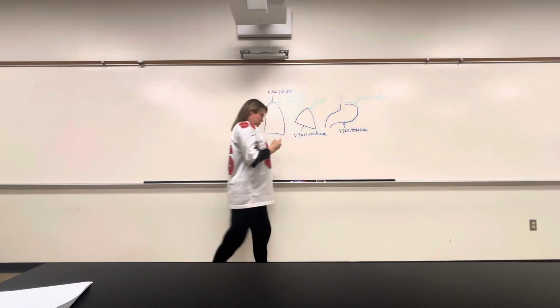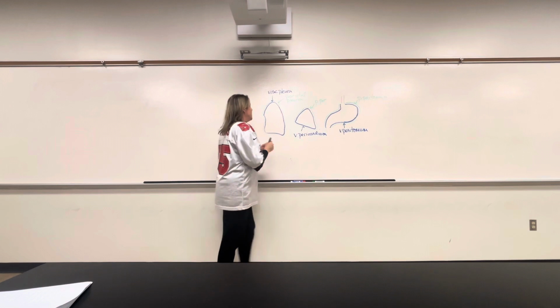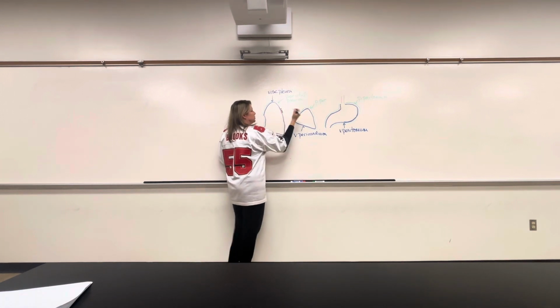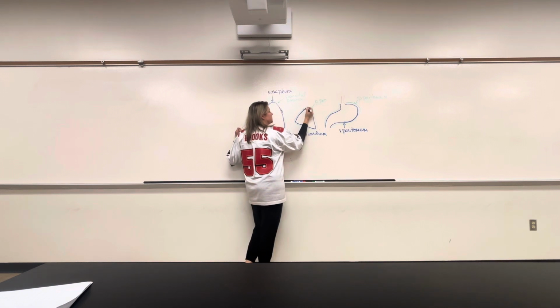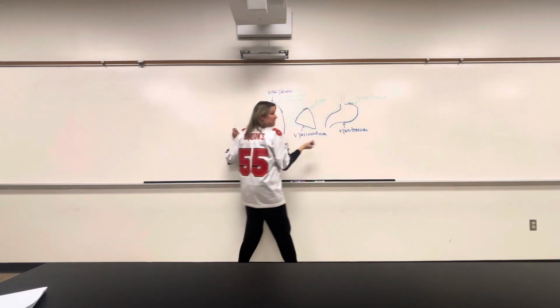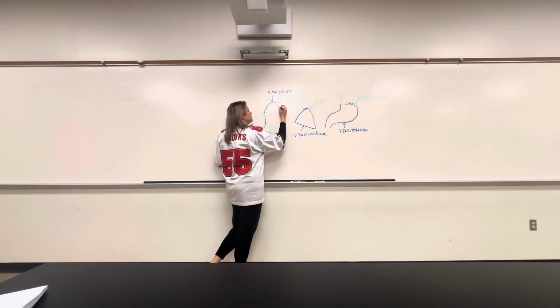And I purposely am exaggerating the space in between, because the space that exists between the serous membrane layers is a cavity. In the case of the lungs, it's the pleural cavity.